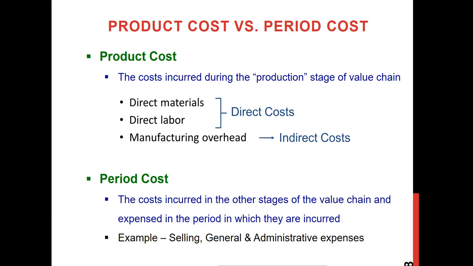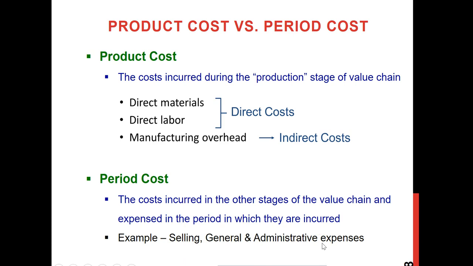But you have to calculate or measure the cost for a specific period of time rather than based on a specific product or finished goods. For example, selling, general and administrative expenses. Those are, of course, costs of your company, but you will see that these are not directly related to your production. So we will call these period costs.